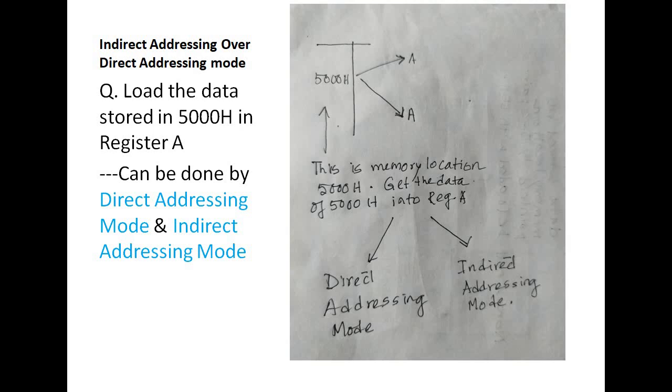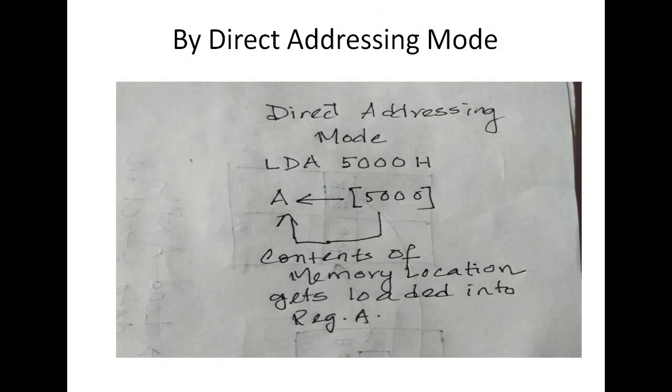Clear? Now here, since the memory location is mentioned in the question, we can solve this program either by direct addressing mode or indirect addressing mode. Both we can use. First, by direct addressing mode, very easy. LDA 5000.